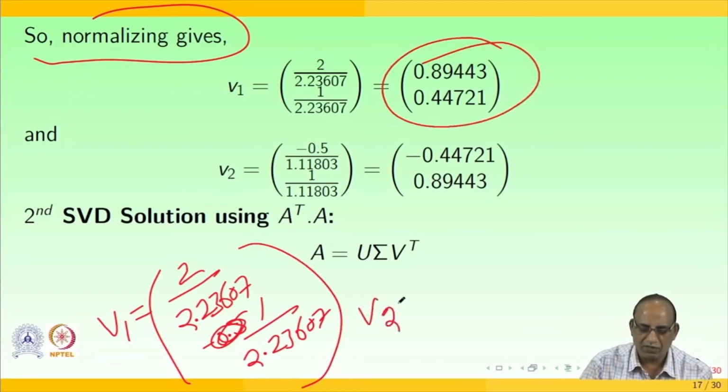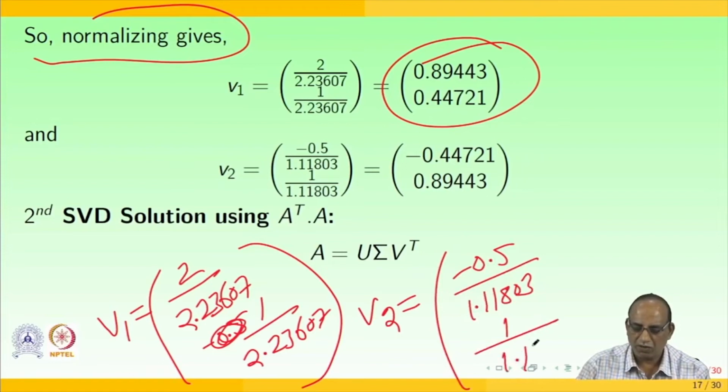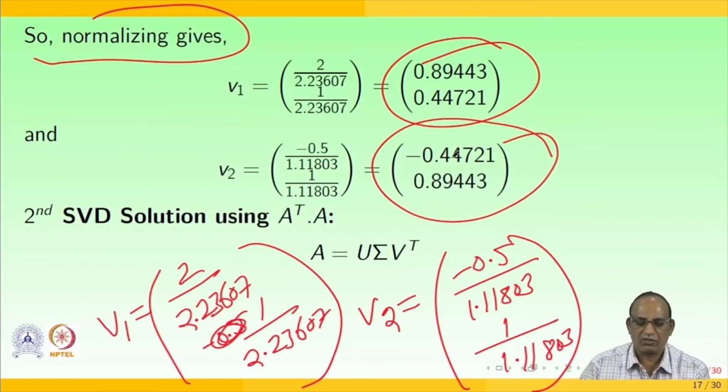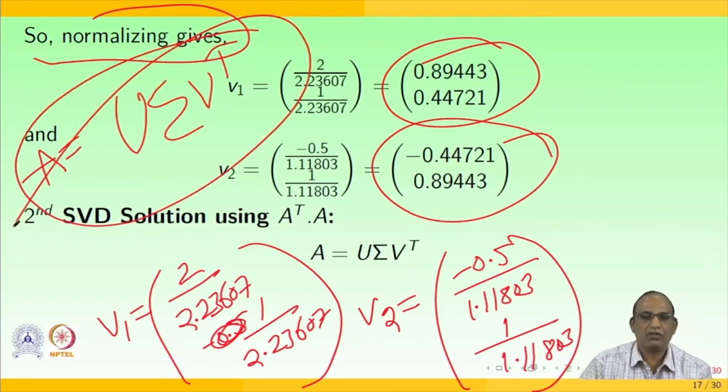Similarly, v2 turns out to be minus 0.5 upon 1.11803, 1 upon 1.11803. So we will end up with this matrix. So ultimately you will have A is equal to U times sigma V transpose, which is the matrix you get by using this transformation.